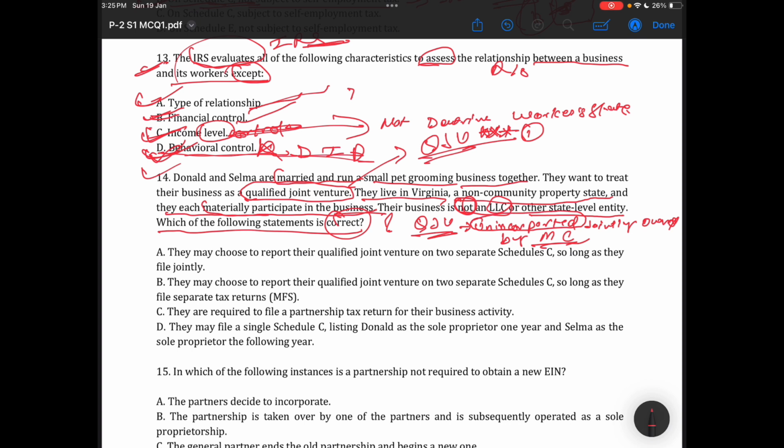So let's jump to the options. The option is, they may choose to report their qualified joint venture on two separate Schedule Cs, so long as they file jointly. The main important feature of QJV is it's unincorporated and they have to file separate Schedule Cs along with the MFJ. So the right answer is A.